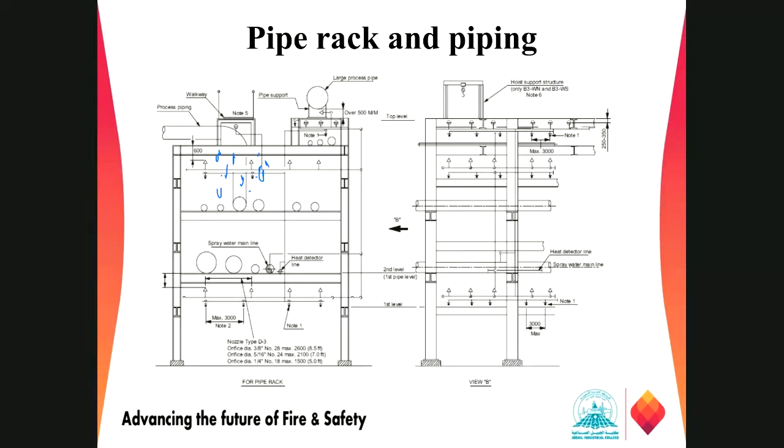These nozzles will activate and make a water spray, and it will remove the gas with water. Once water comes in contact with it, it will disperse the concentration of the vapors and gas in those areas to avoid any kind of fire or explosion. So this is the application of the system in the pipe rack areas. We can use it for exposure protection, and we can use it for the mitigation process also, based on the various demands.